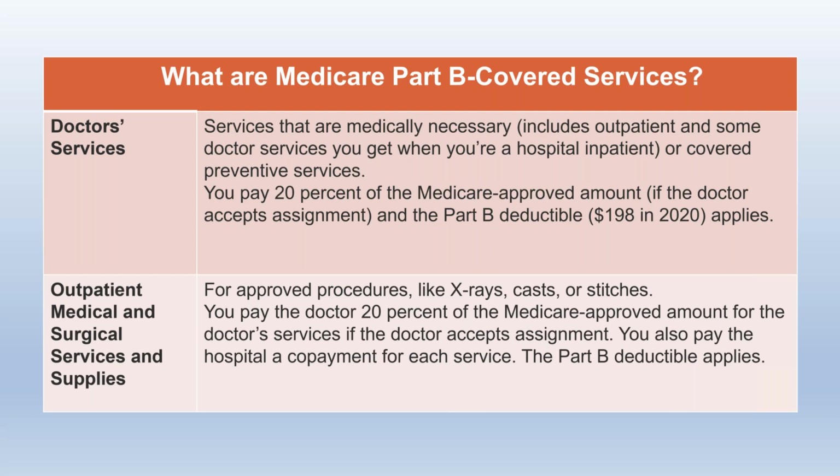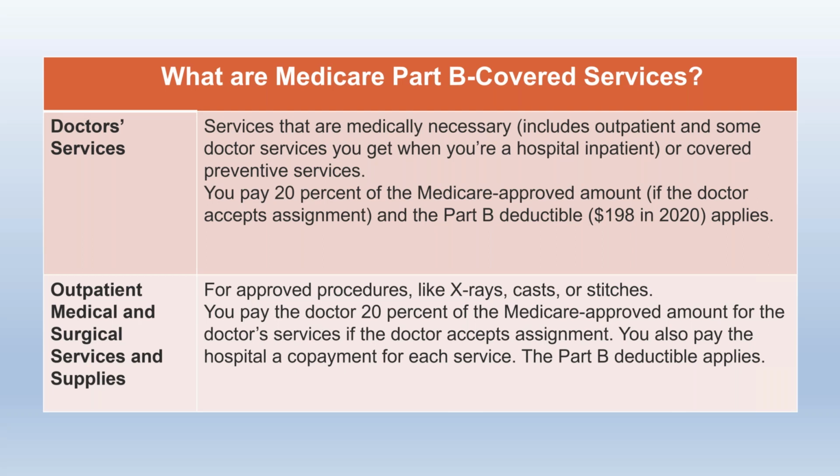Medicare also covers services provided by other healthcare providers like physician assistants, nurse practitioners, social workers, physical therapists, and psychologists. Except for certain preventative services for which you pay nothing, you pay 20% of the Medicare approved amount, and the Part B deductible applies.